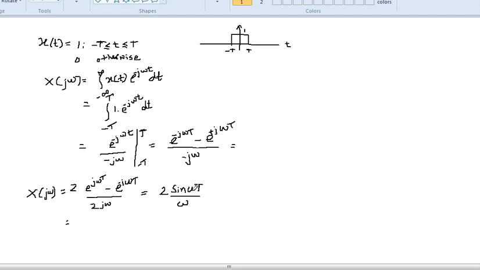Omega could be 0, 1, and so on, these values. And for sine of omega T over omega at these values, calculating them, so for these problems it should not be done.